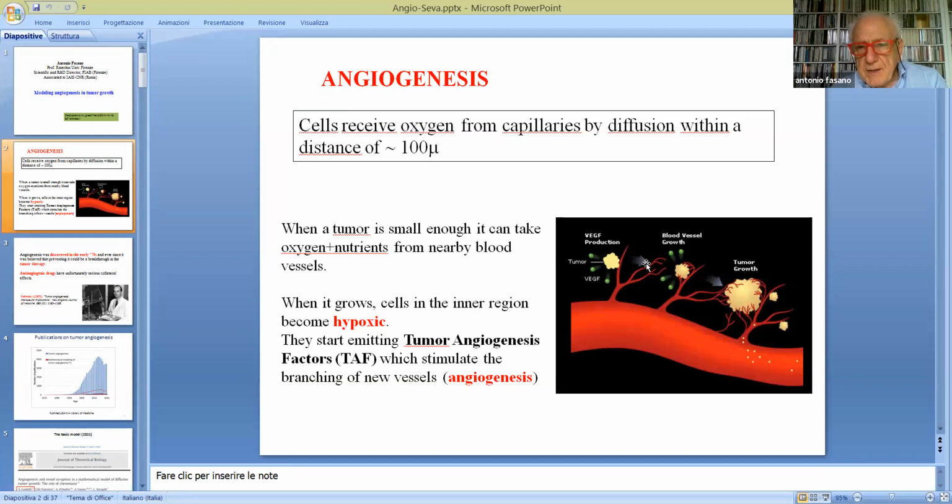And when these substances reach the blood vessel, they stimulate the cells of the blood vessel to duplicate, and gradually to form a new blood vessel, and eventually a whole blood vessel network is formed, and the tumor at that point can grow indefinitely. So this is the phenomenon of angiogenesis.